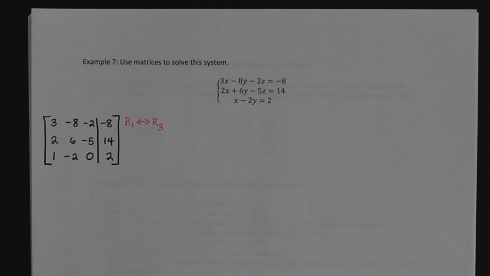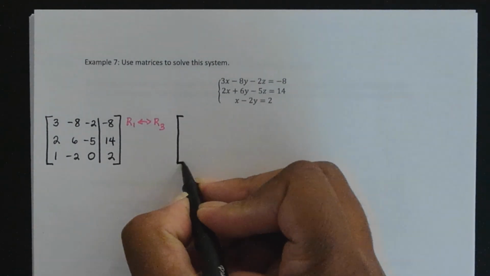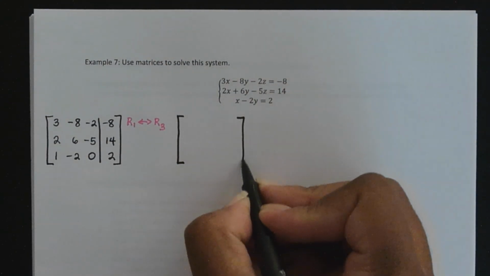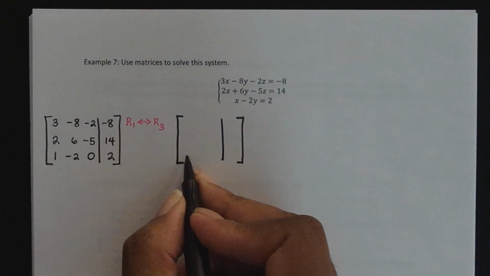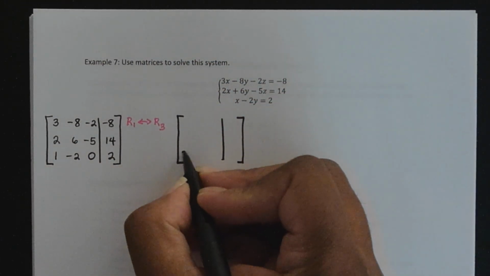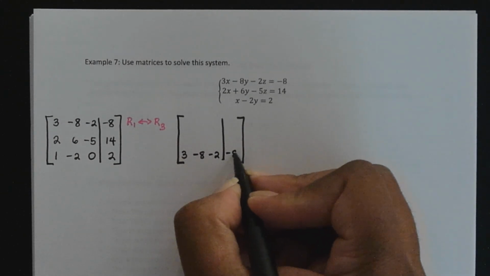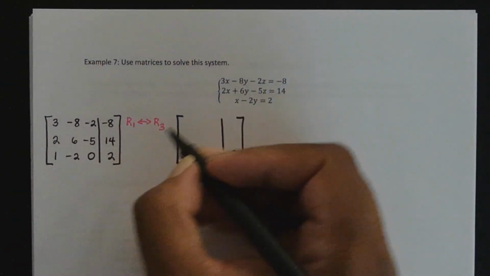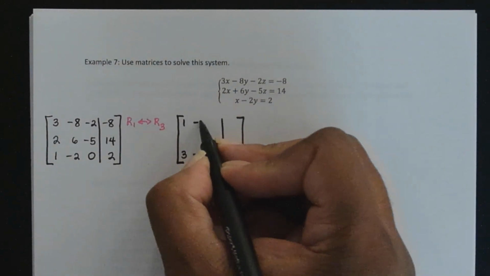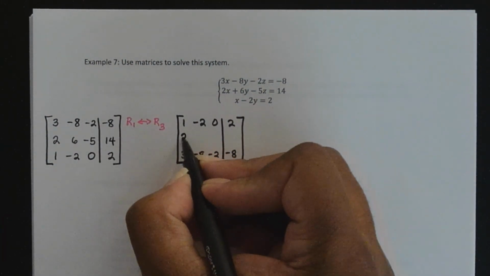Row 1 will be interchanged with row 3. And when I do that, that first row would go into the third row, which will be 3, negative 8, negative 2, negative 8. Row 3 becomes row 1, which is 1, negative 2, 0, 2. Row 2 stays the same.